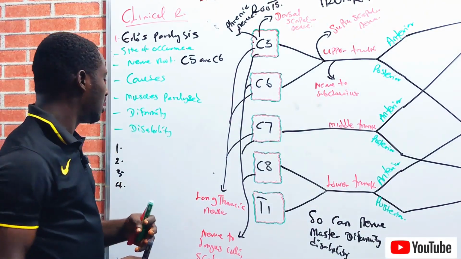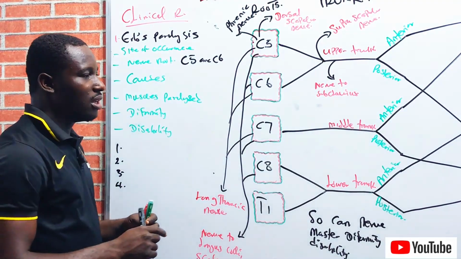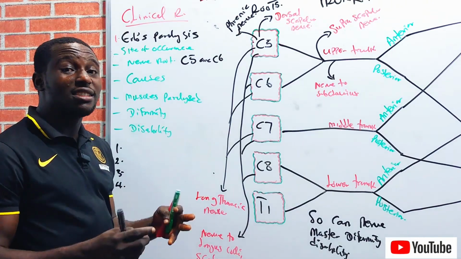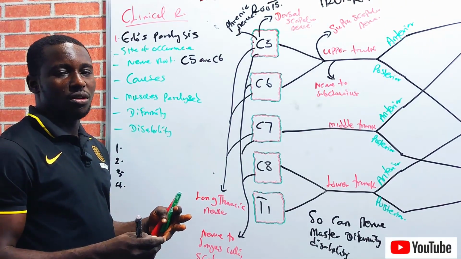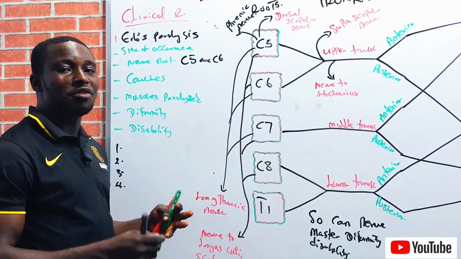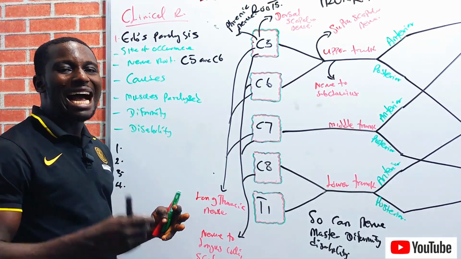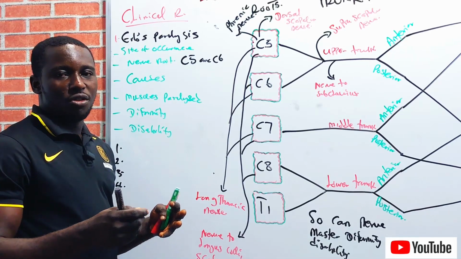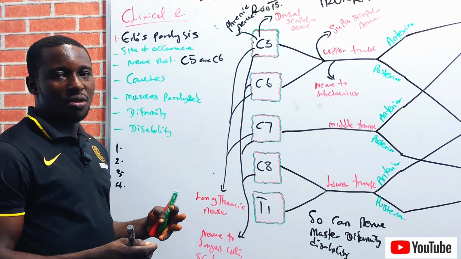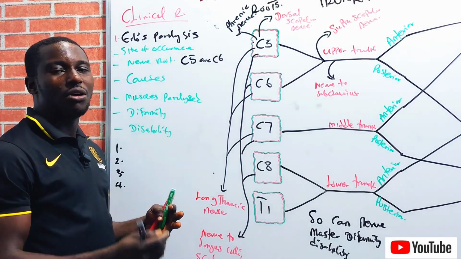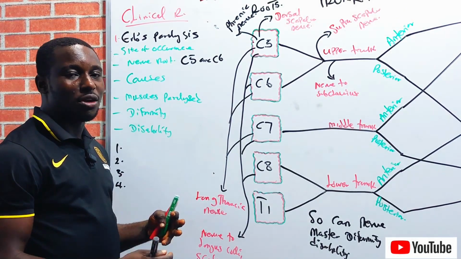The disability: there will be loss of sensory innervation on the outer aspect of the arm.